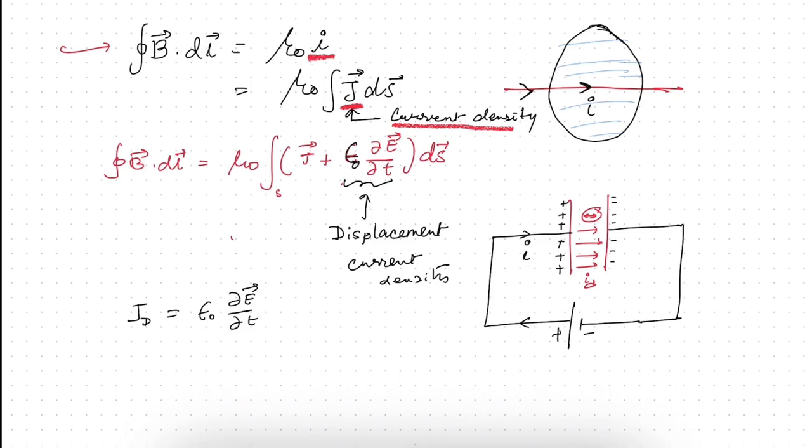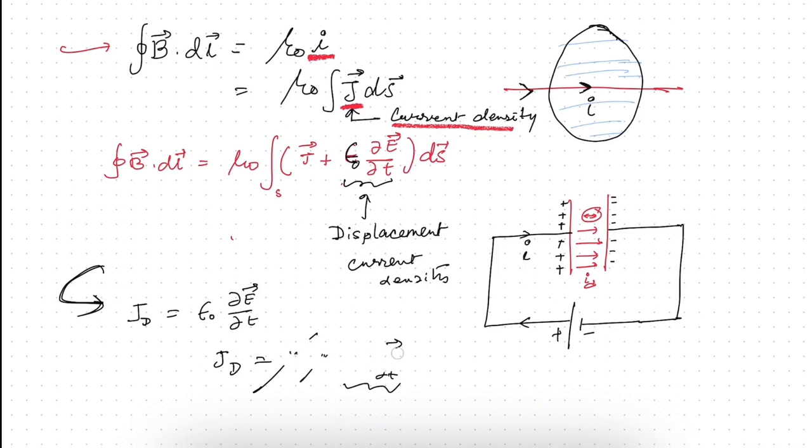One more thing: I explained this in the first lecture also, but there I made a mistake. I had written J D is equal to J plus epsilon naught del E by del t. If you have taken the note from there, then make a correction here: cut the J and just write this term only. Hope you have understood this.